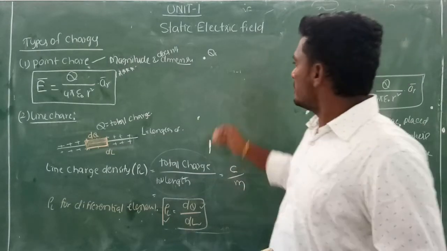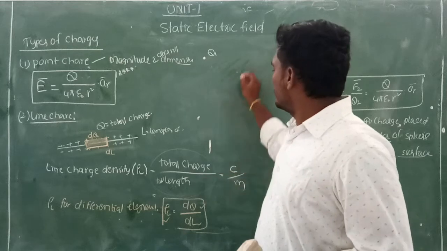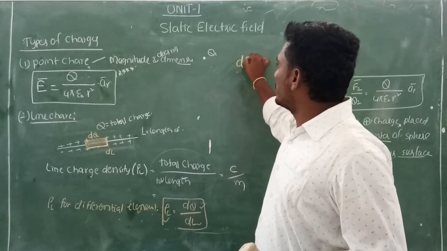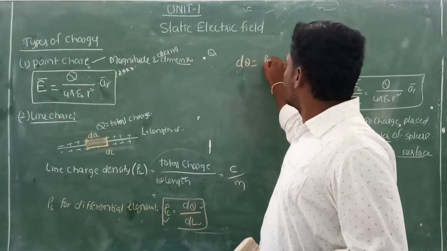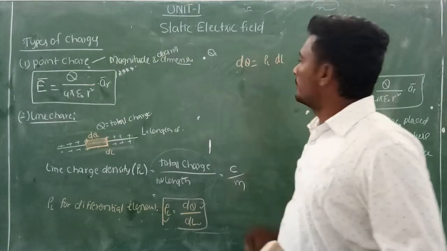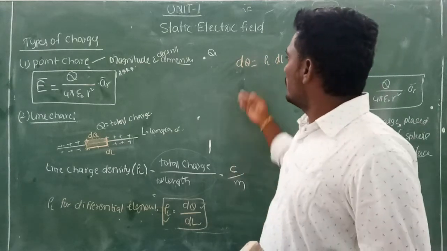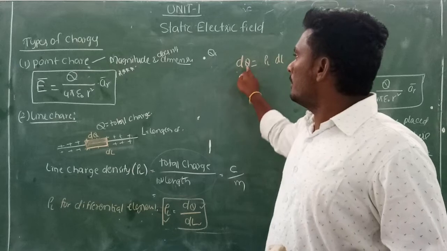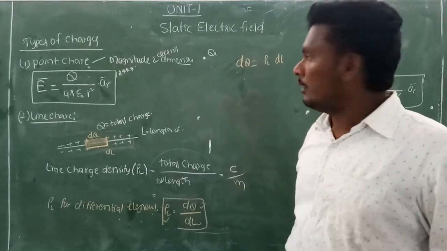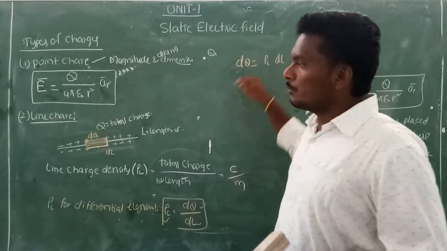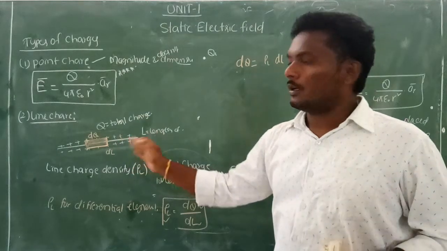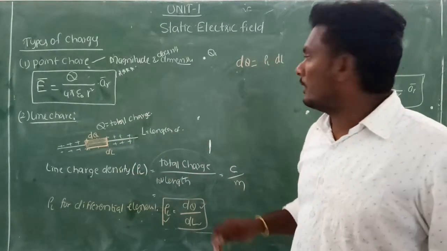In such cases, I am first rearranging my equation like this: dq is equal to rho L into dl. So how will you get this q only here? By integrating the equation on both sides over the length of the conductor.